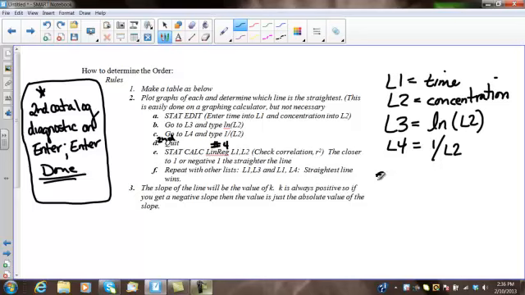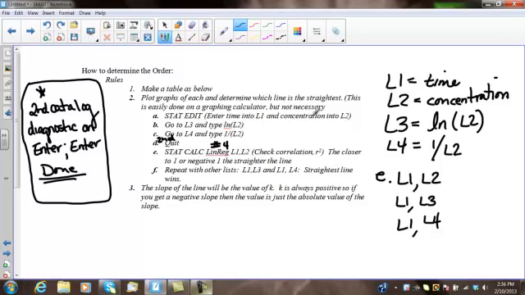So when we get to step E, we're first going to check L1, L2, then we're going to check L1, L3, then we're going to check L1, L4, and I'm going to walk you through this. The closer to 1 or negative 1 that your R value is, the straighter the line.